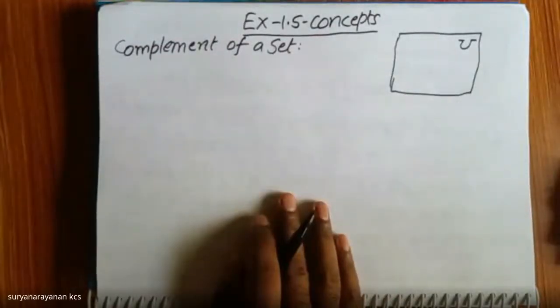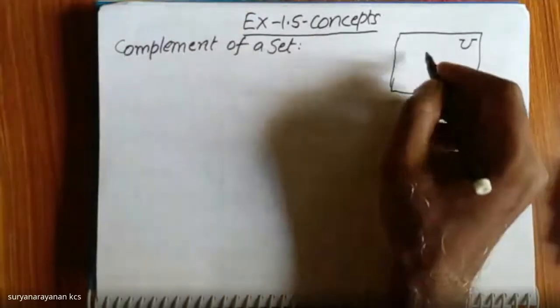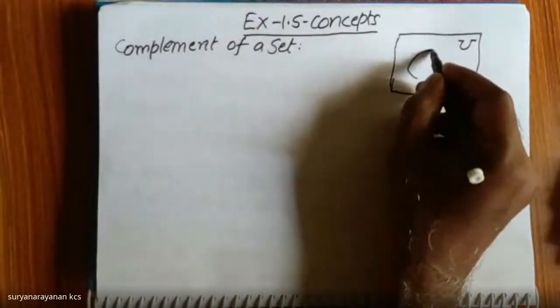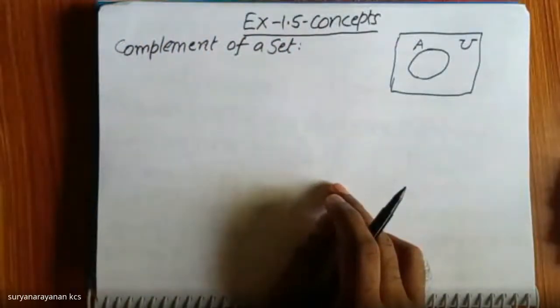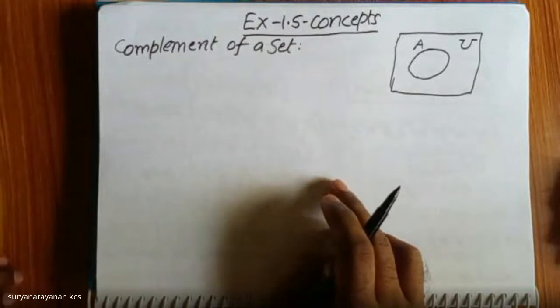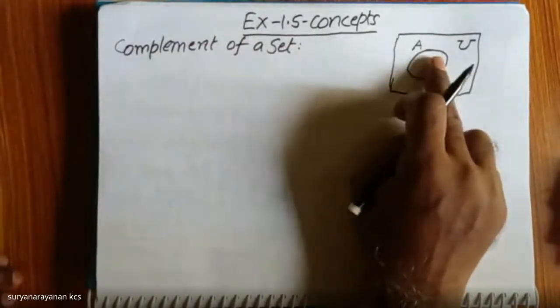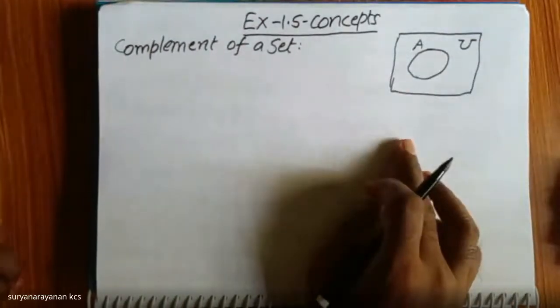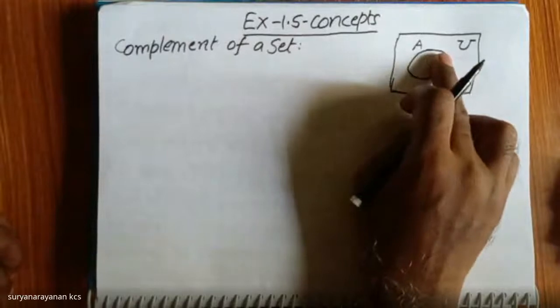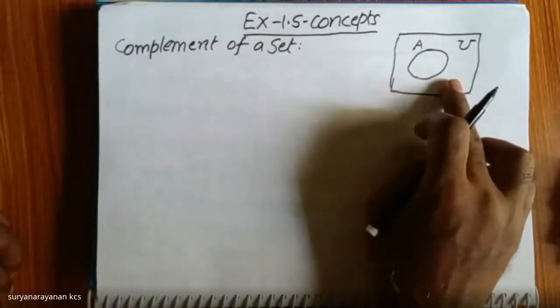Suppose this is a universal set. In this universal set, let us consider A is a set. A is a subset of this universal set. Now, if you cut this set out of the universal set, the remaining part will be left there. Yes or no?